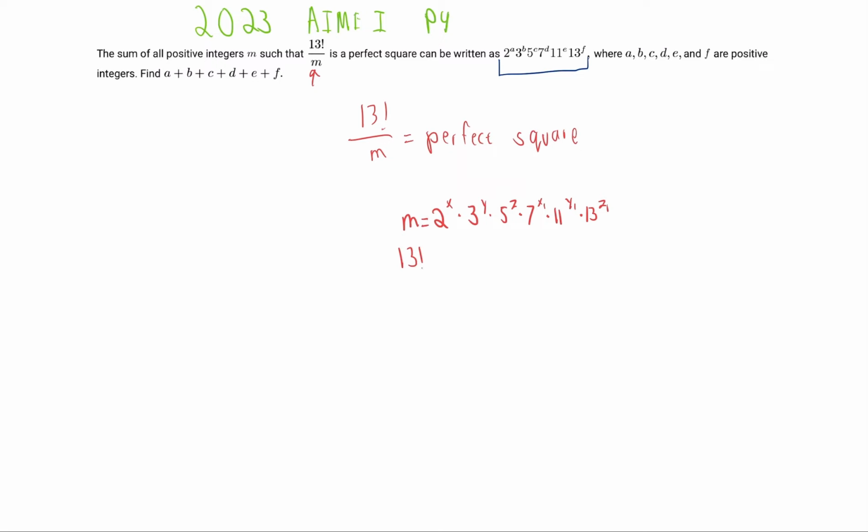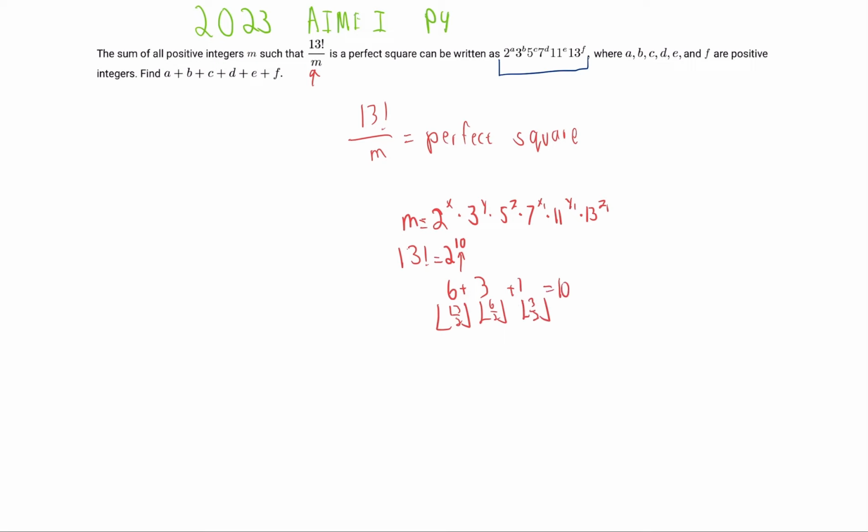So 13 factorial, if we prime factorize that using Legendre's formula, I'm going to create a different video covering what Legendre's formula is, can be written as 2 to the 10, and that 10 is from 6, which is round down of 13 over 2, plus 3, which is round down of 6 over 2, plus 1, which is round down of 3 over 2.